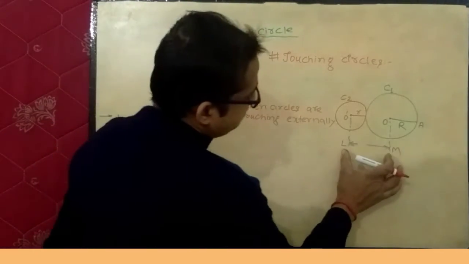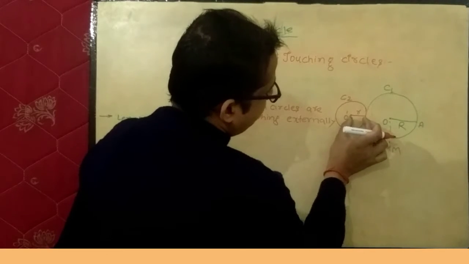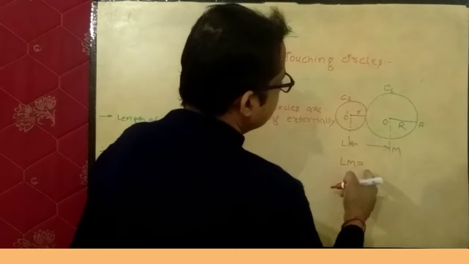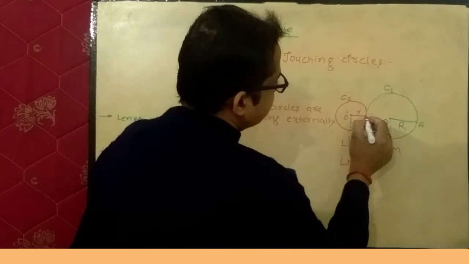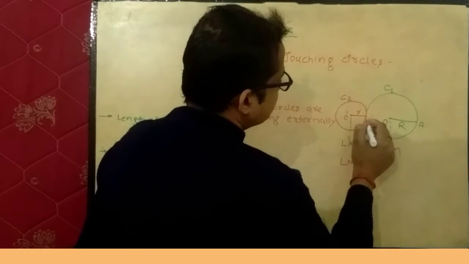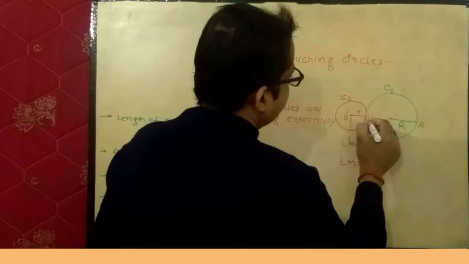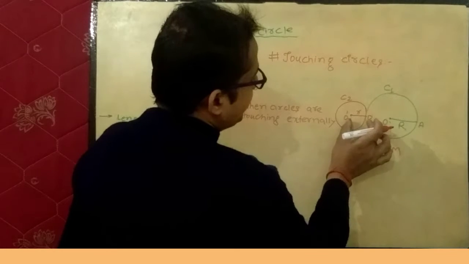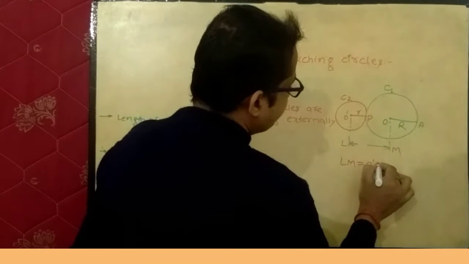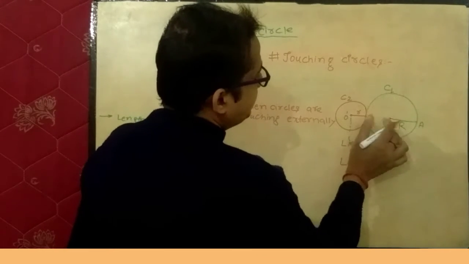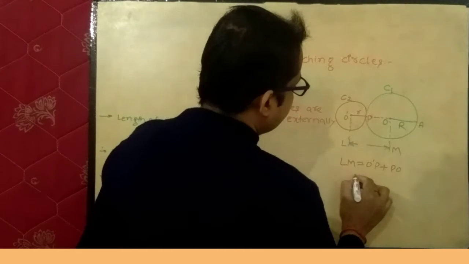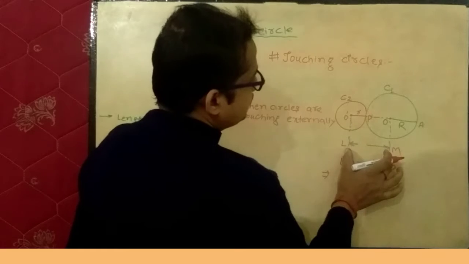So LM equals the sum of these radii. Suppose the point where these two circles are touching is point P. So LM equals O dash P plus PO.